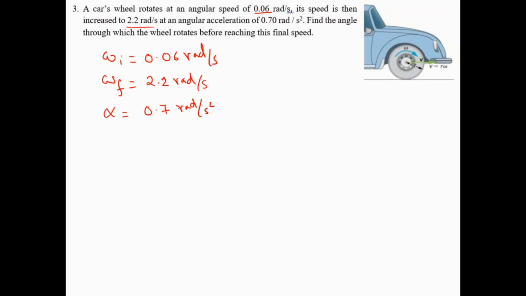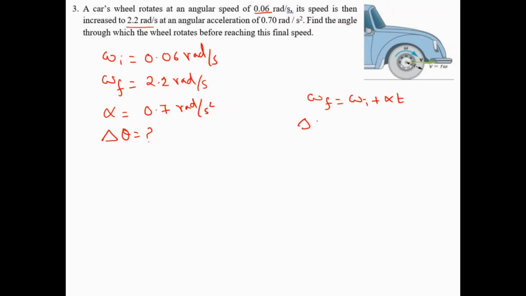So that means we have to find the value of displacement, which is nothing but angular displacement, delta theta. For that, we have to use the equations of motion with constant acceleration. Which acceleration? Angular acceleration. So we studied these three equations. First of all, I'm going to write the three equations. Omega final is equal to omega initial plus alpha t.